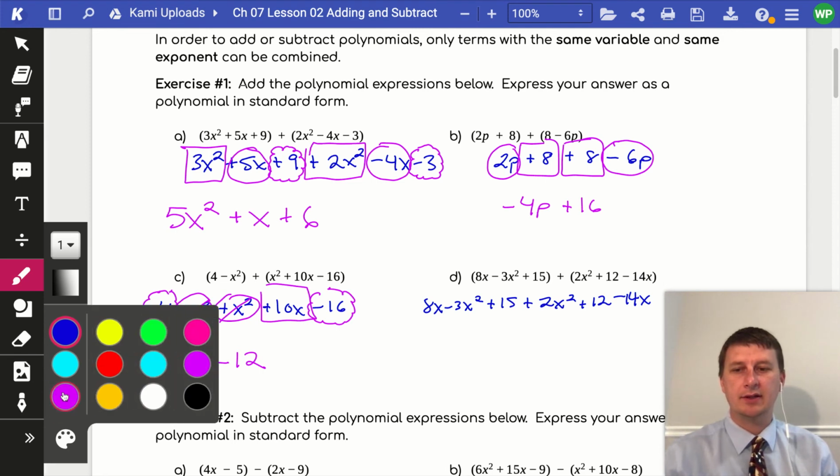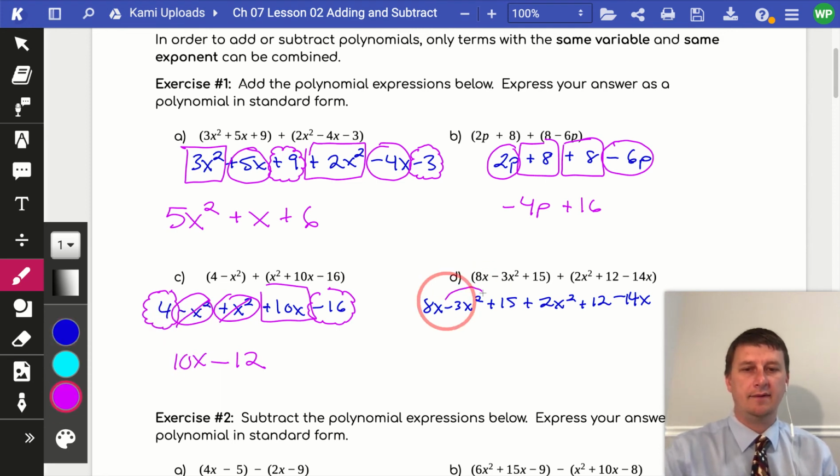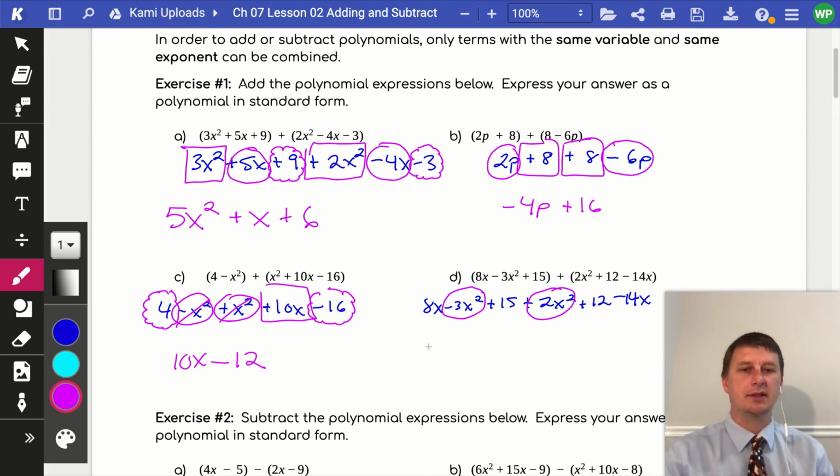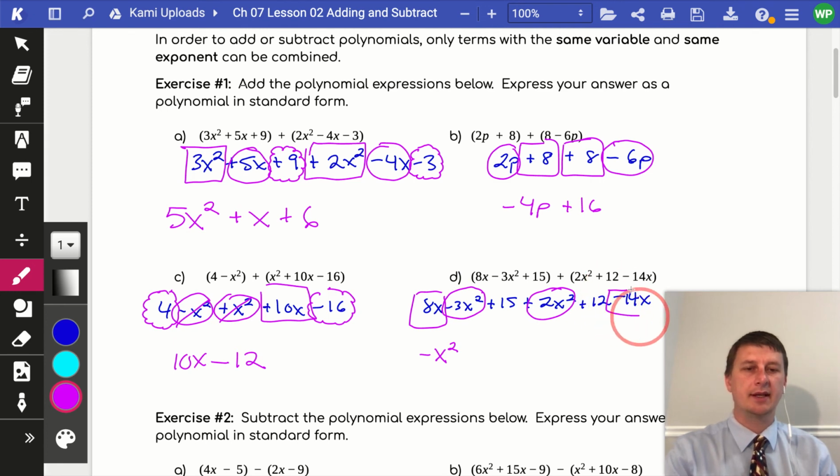And I have a like term right away: negative 3x squared plus 2x squared. And negative 3x squared plus 2x squared is going to give me negative 1x squared, or just negative x squared. So now I go in order and I look for x's next, and I see 8x, but then I see minus 14x. So it's going to be minus 6x.